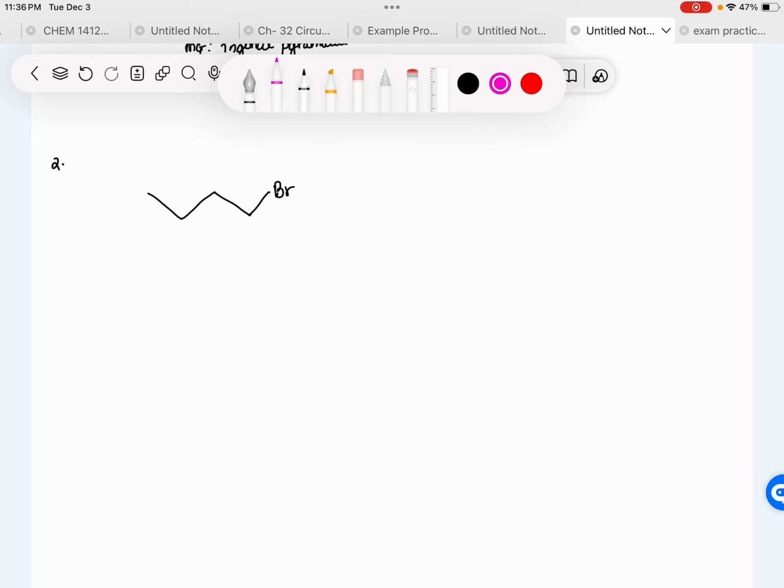First, let's name the chain. The parent is butane, since it has single carbon hydrogen bonds, it's an alkane.